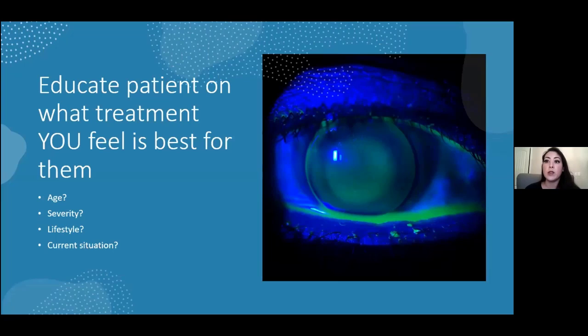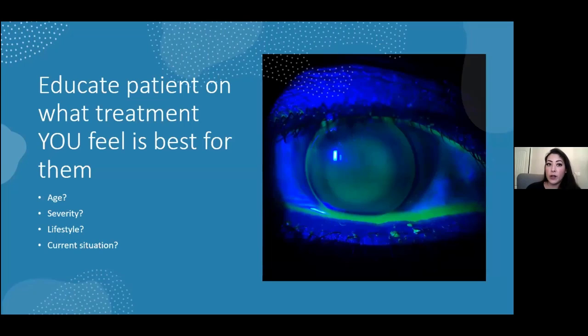And when they get to those advanced stages, getting a corneal transplant becomes a lot more of a probability for them. If you diagnose them and they're, let's say, 60 years old, maybe they don't need a surgical option. So we go through the different options based on their age.